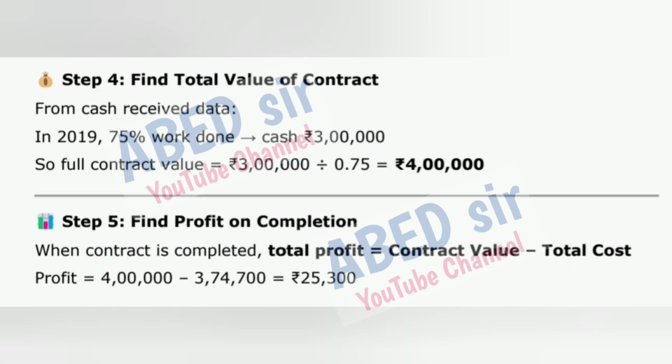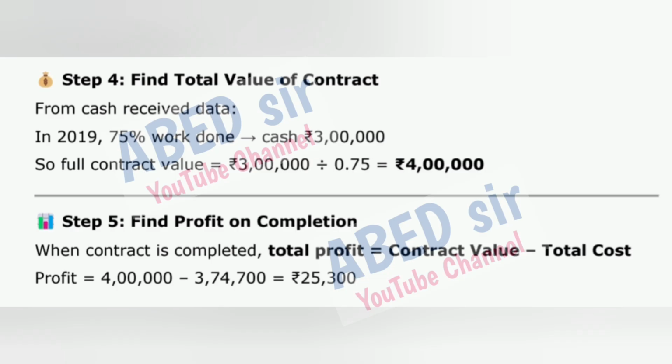Step 4. Find total value of contract. From cash received data: in 2019, 75% work done, cash 3 lakhs rupees. So full contract value is equal to 3 lakhs rupees divided by 0.75, equal to 4 lakhs rupees. Step 5.